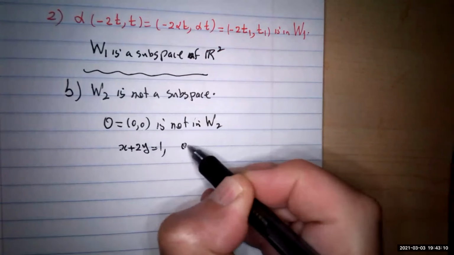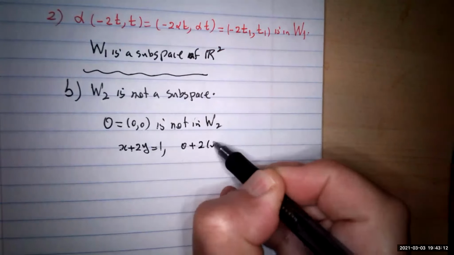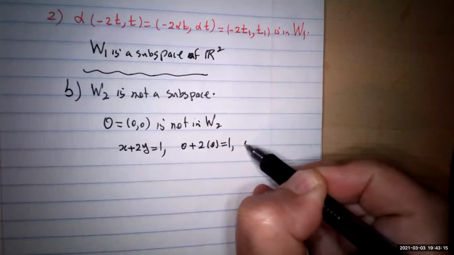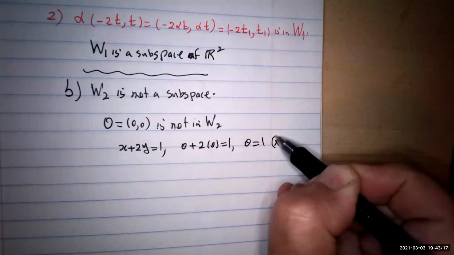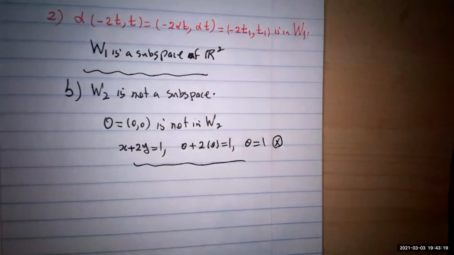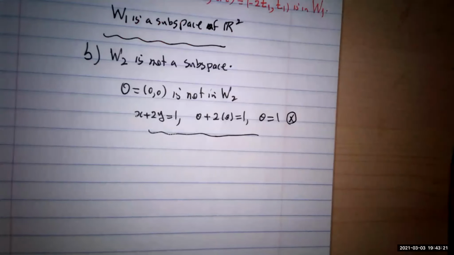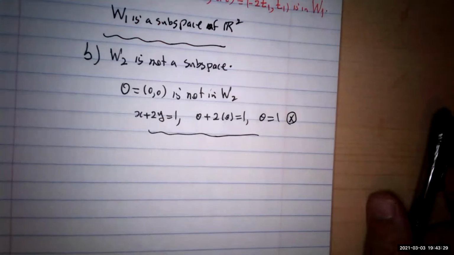If you substitute, that gives you 0 plus 2 times 0 equal to 1, so 0 equals 1, which is not possible. So anytime you want to reject, this is the type of idea you are going to use.